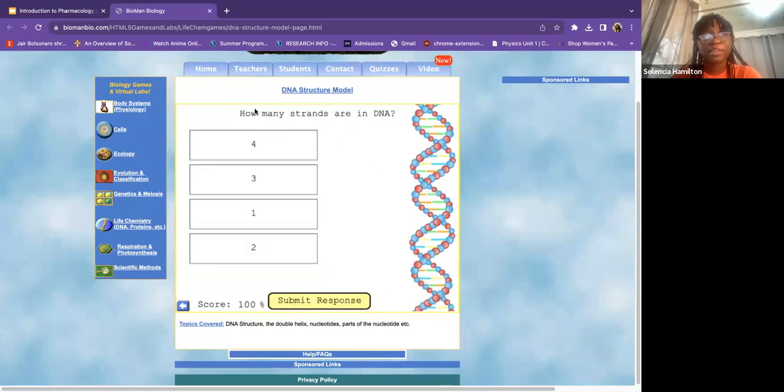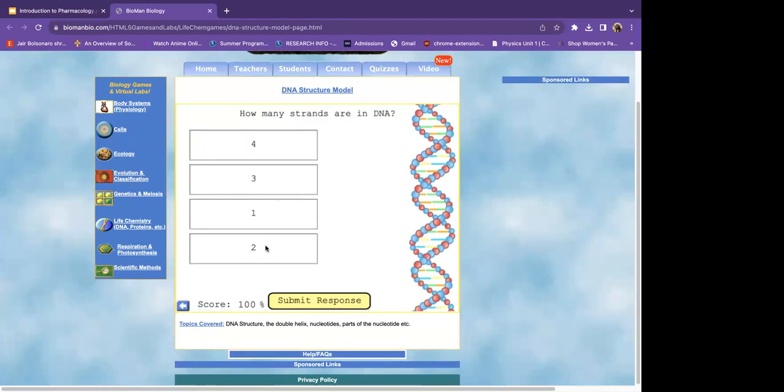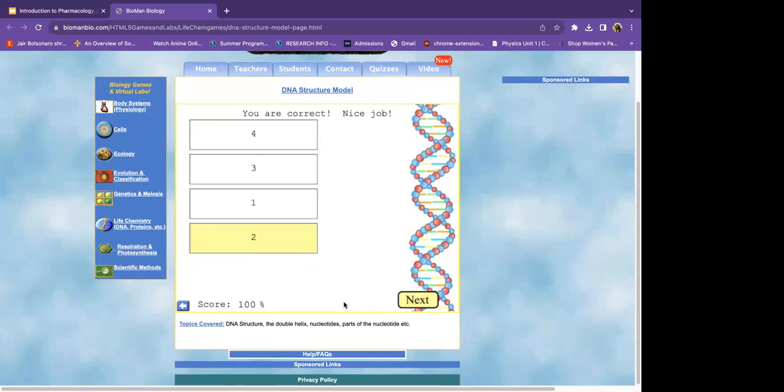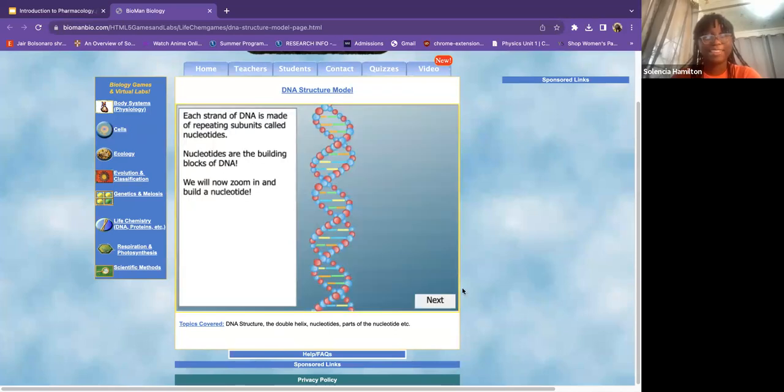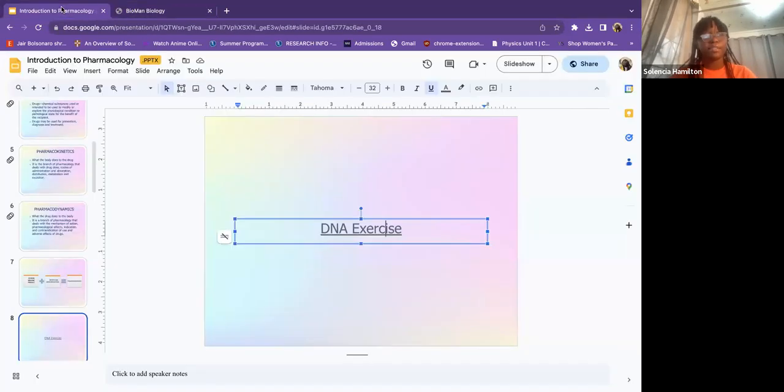Okay, how many strands are in DNA? Two. Yeah, there. Okay, so each strand of DNA is made of repeating subunits called nucleotides.